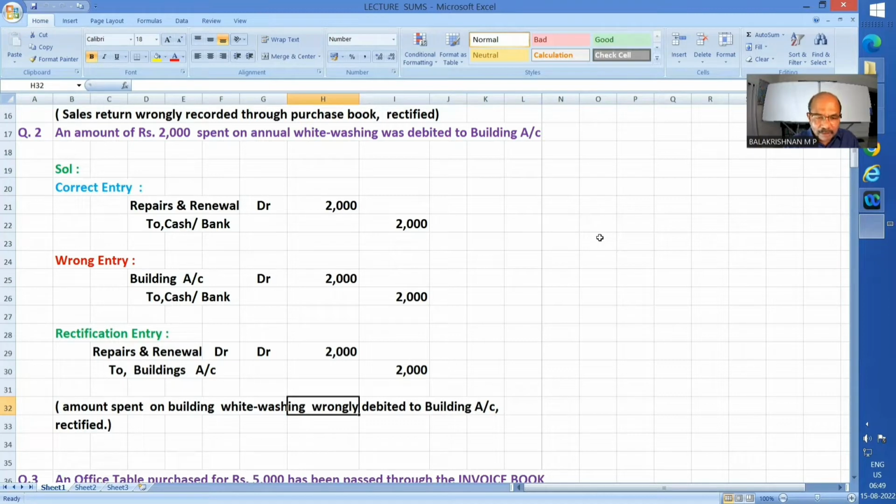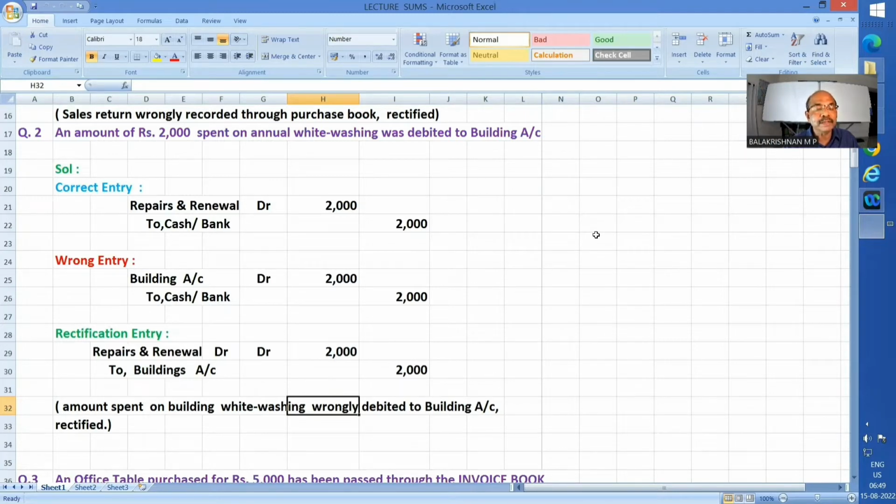Only the particular revenue account should be debited. Whitewashing is accommodated under repairs and renewal account. So the correct entry will be repairs and renewal account debited to cash or bank. Whereas you have debited building account. Hence, the rectification entry will be repairs and renewal account debited to building account.